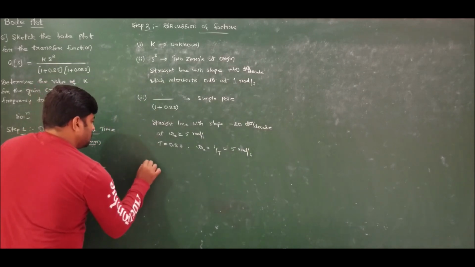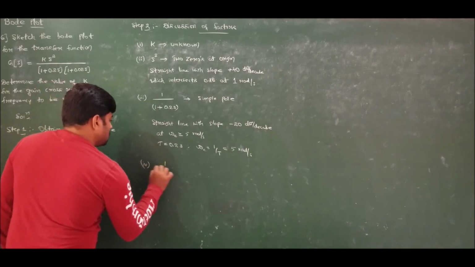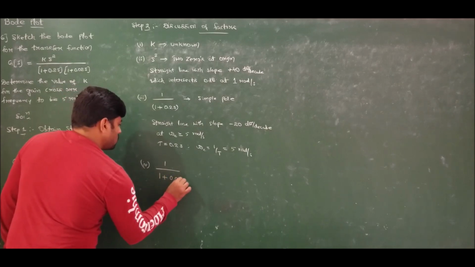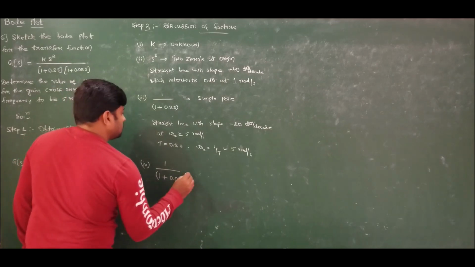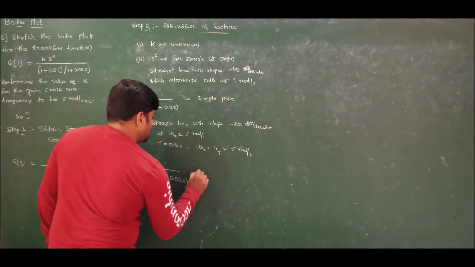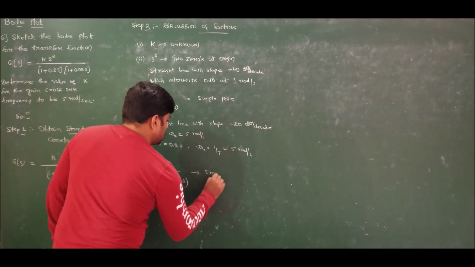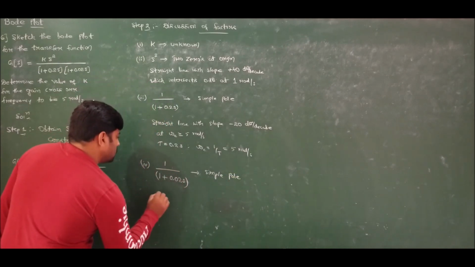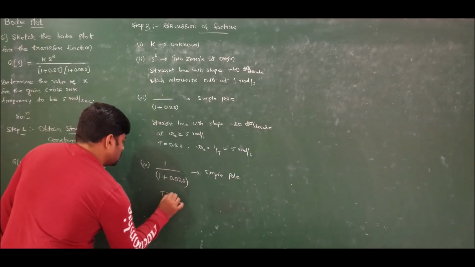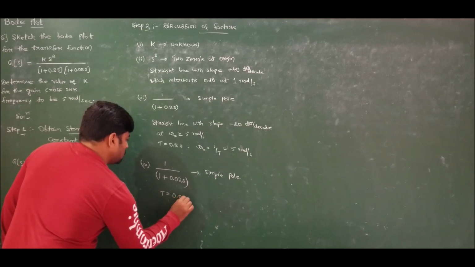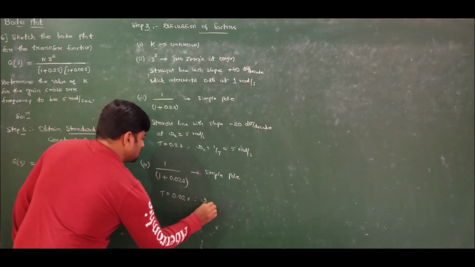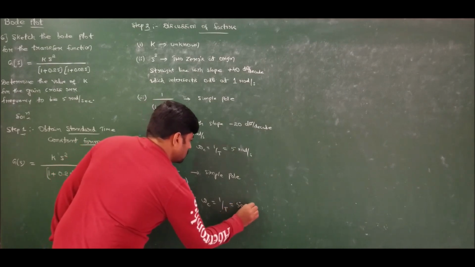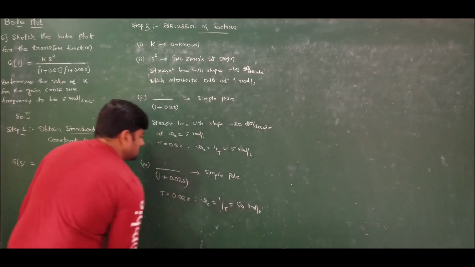Next, move to the fourth term, that is another simple pole, that is 1 plus 0.02s. This is another simple pole. For which the time constant is given as 0.02 seconds. Hence the frequency is 1 by T, which is equal to 50 radians per second.